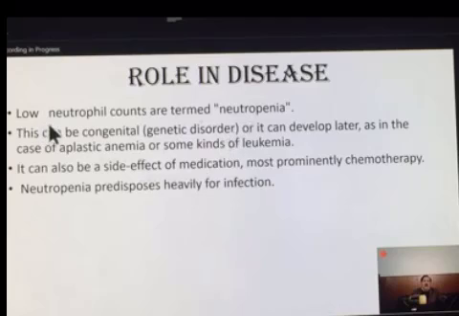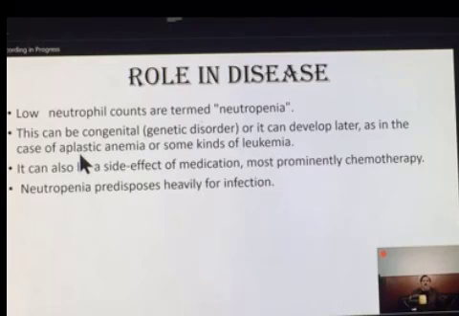Role and disease. Low neutrophil count is termed neutropenia. When there is low number or low concentration of neutrophils, or when the neutrophil count is decreased, this is called neutropenia. This can be a congenital or genetic disorder. A person may acquire this disease from their parents or from the family, or it can develop later, as in case of aplastic anemia or some kind of leukemia.